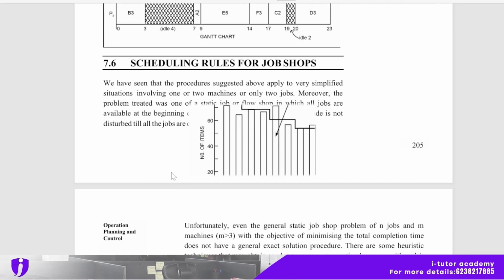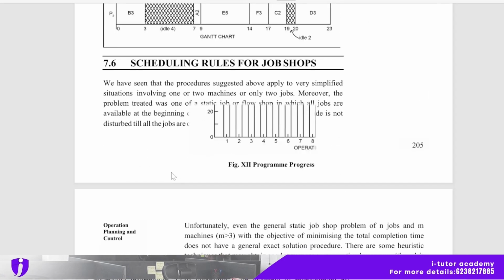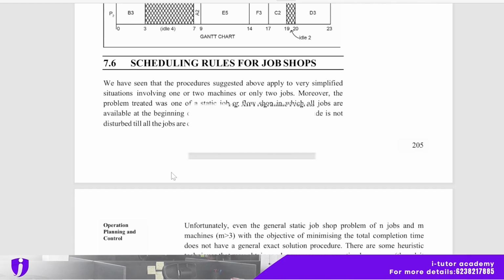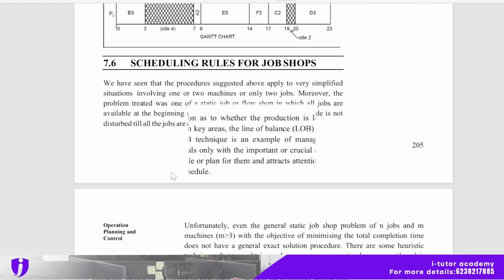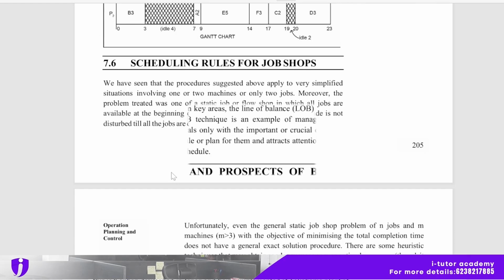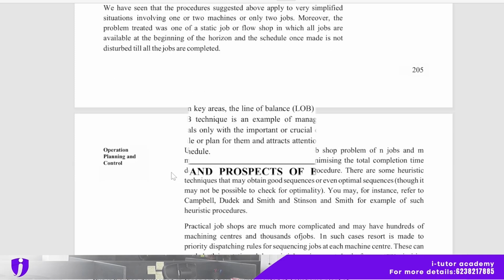Next is scheduling rules for job shops. What are the rules? We have seen that the procedures suggested above apply to very simplified situations involving one or two machines or only two jobs. Moreover, the problem treated was one of the static job or flow shop in which all jobs are available at the beginning of the horizon and the schedule once made is not disturbed till all the jobs are completed.